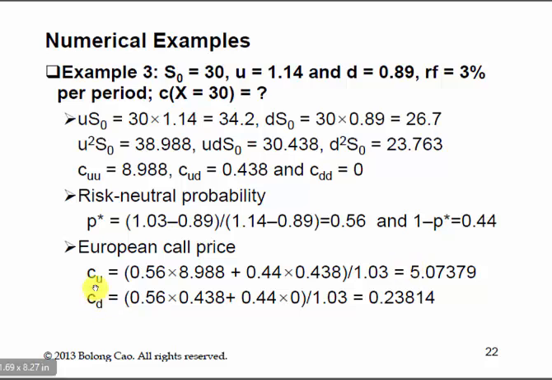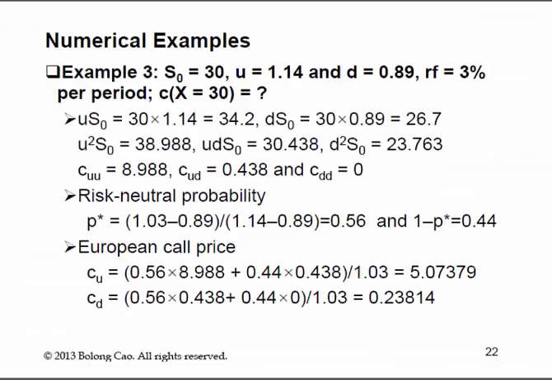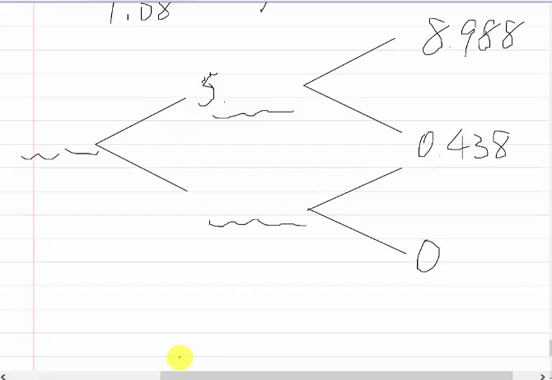And the upstate call option price will be 5.07379.